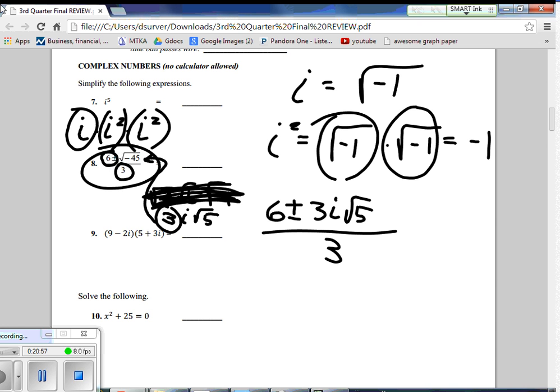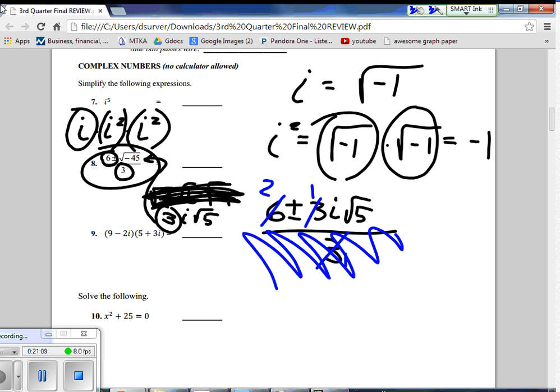And then whenever there's something here and here and here, you can cancel them. 3 goes into this twice, 3 goes in here once, 3 goes in here once. Final answer, dividing by 1 doesn't really matter, right? So your final answer is 2 plus or minus 1i, which is the same thing as i root 5. So 2 plus or minus i root 5.